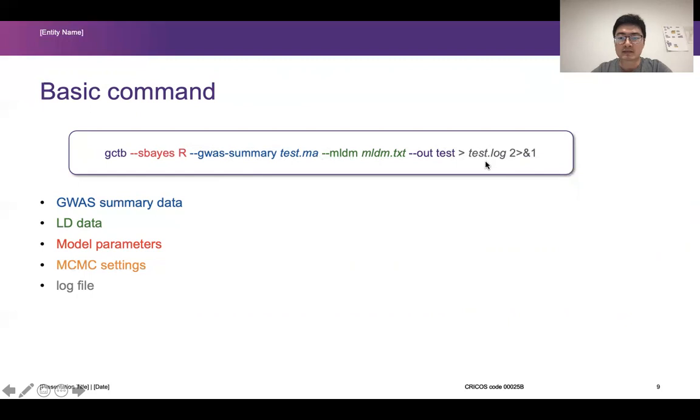And this is the part where we direct both the console output and error message into the log file, because it's usually quite useful to check the intermediate results in your log file. And you can specify other settings, including the model parameters and MCMC parameters. And we'll come back to that later. For now, the minimum command just uses the default settings for these parameters.